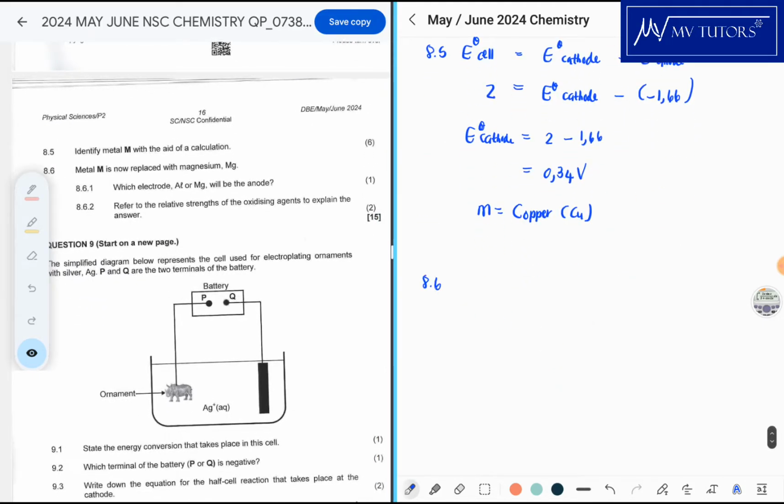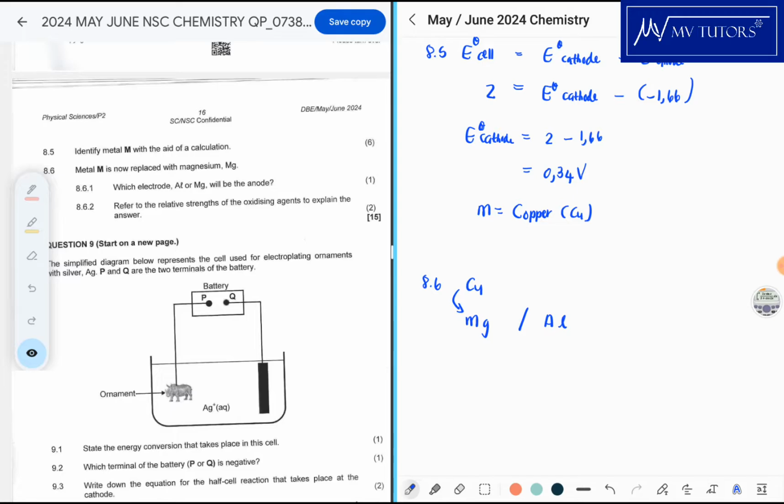Okay, and then 8.6. Metal M is now replaced with magnesium. So we have M, which is copper. I'm just going to say copper. And now we're replacing it with magnesium. Which electrode, aluminium or magnesium, will be the anode? So between aluminium or magnesium, which one will be the anode?